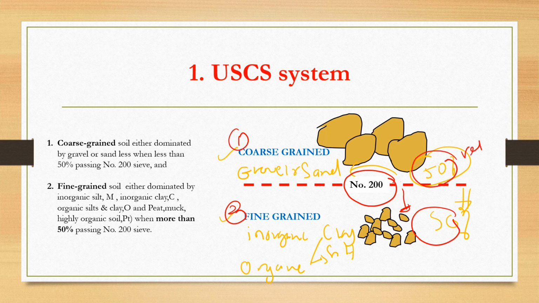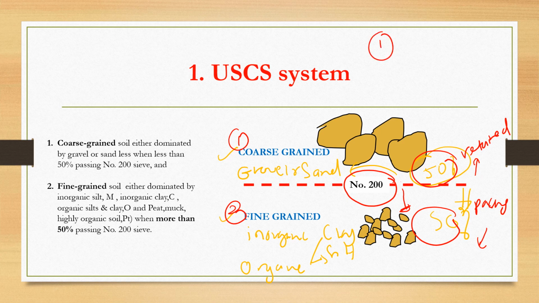So here is retained on sieve number 200, this one is passing, or the other way around. Less than 50% retained means more than 50% passing, or more than 50% retained but less than 50% passing, so it will become coarse or fine grain soil. So you look at the sieve number.